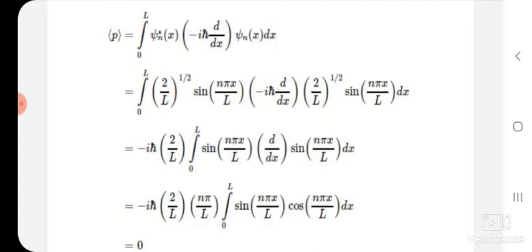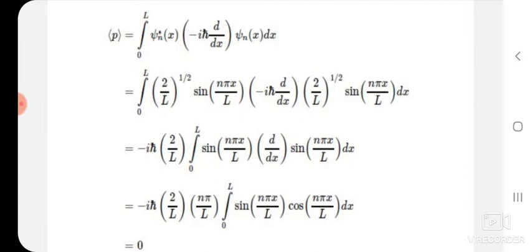We know the operator value of p is equal to minus i h cross dou by dou x only, because the particle is moving along the x direction. There is no variation along y and z. Therefore, psi star, minus i h cross dou by dou x, psi dx.